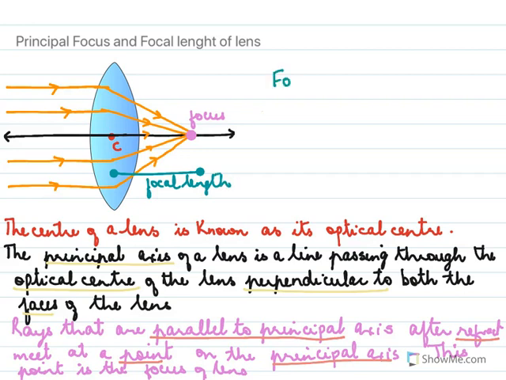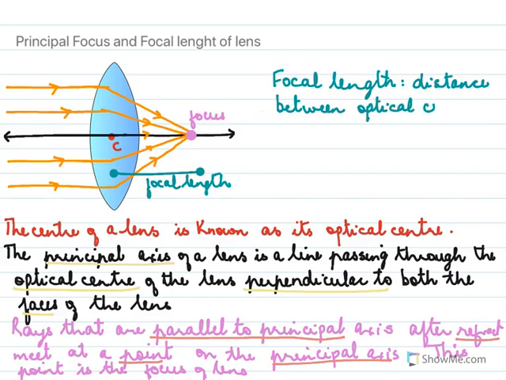So to define focal length, it is the distance between the optical center of the lens and the focus of the lens. So the distance between optical center and focus is called the focal length of the lens.